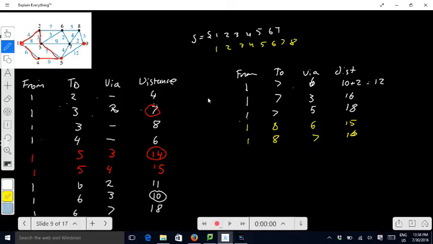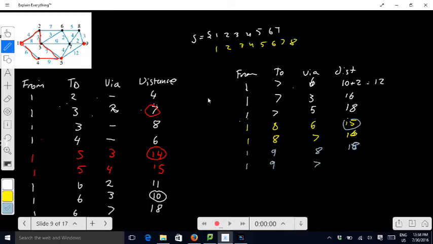So I can go from 1 to 9 via 8. And we said that was 15, plus 3, so that's 18. The other option is I can go from 1 to 9 via 7.